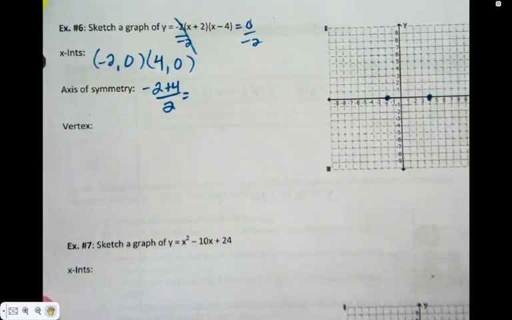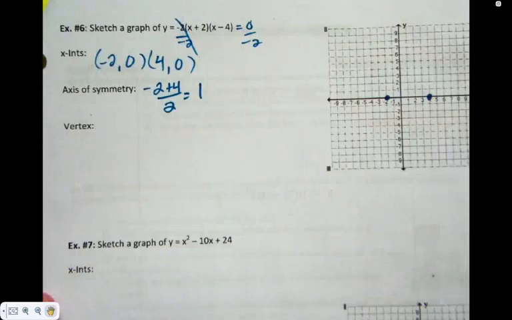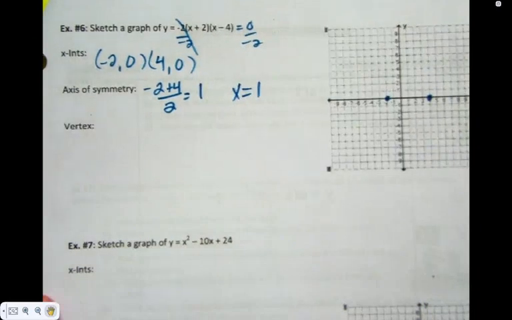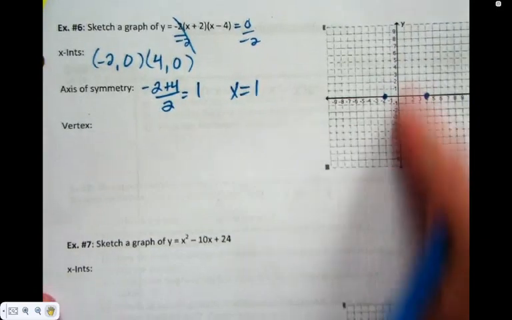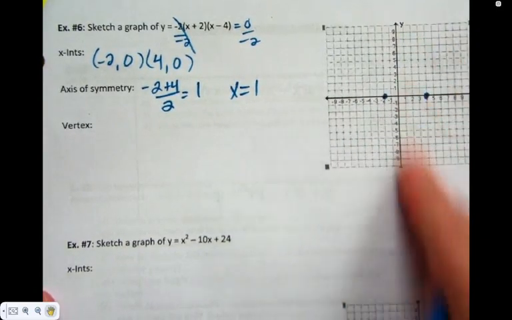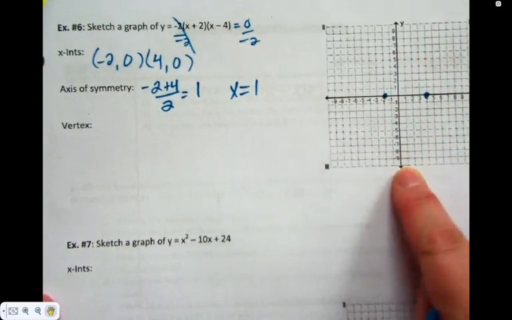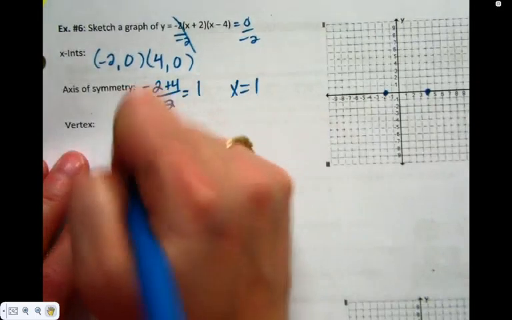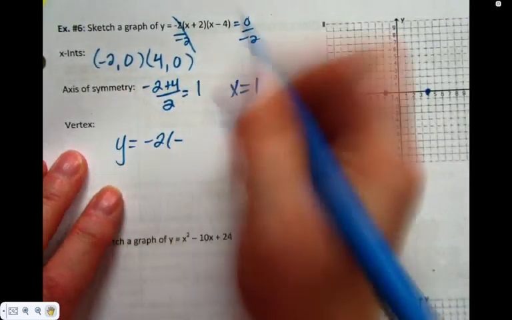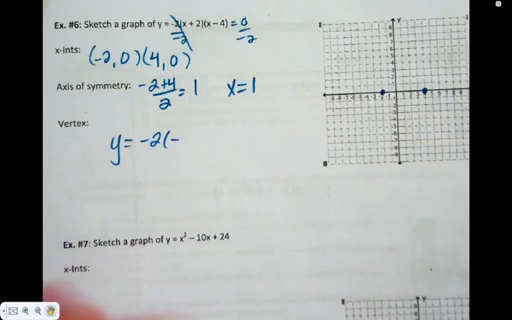We're going to split again. Prove it. So that's an axis of symmetry at x equal to 1. So I know it's somewhere along this x equal 1. The problem is I don't know where the y value is. How do we find the y value? Plug it in. So go back to the original question. Take out x, put in 1.